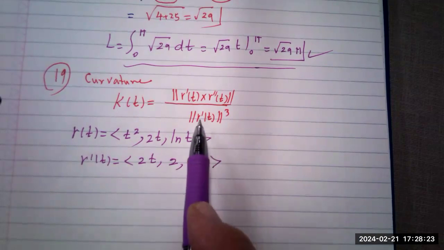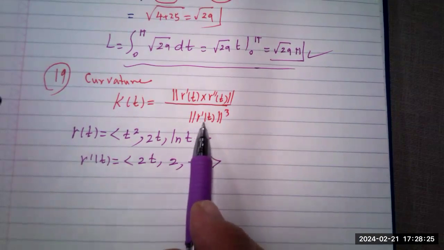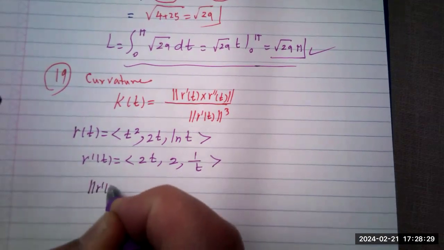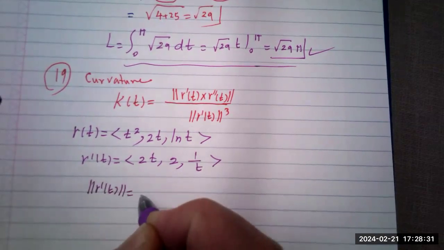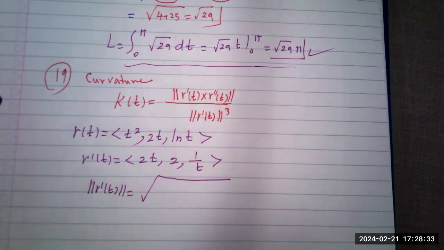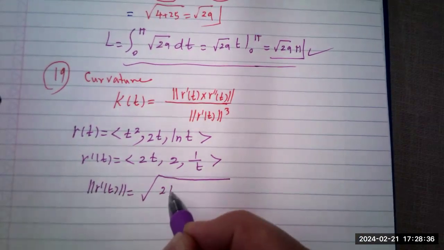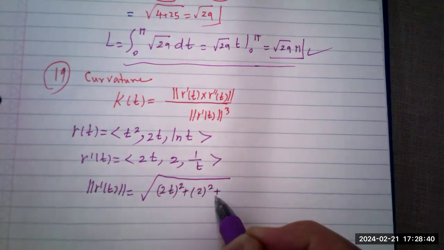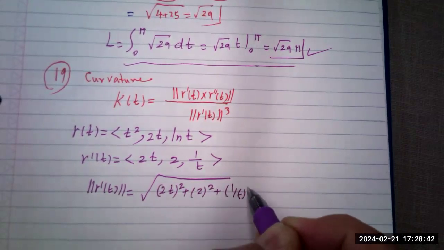You need the norm of r prime of t. It's going to be the square root of 2t squared, plus 2 squared, plus 1 over t squared.